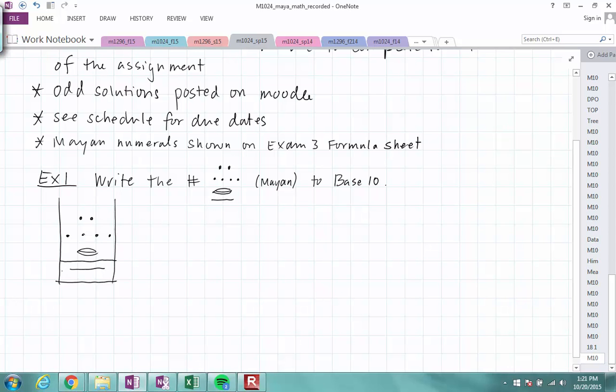So I know that this line here, which is representing 5, so a line is 5, and again that's looking at the formula sheet, and this is in the ones place. So I'll put my powers of 20 here because this is base 20.